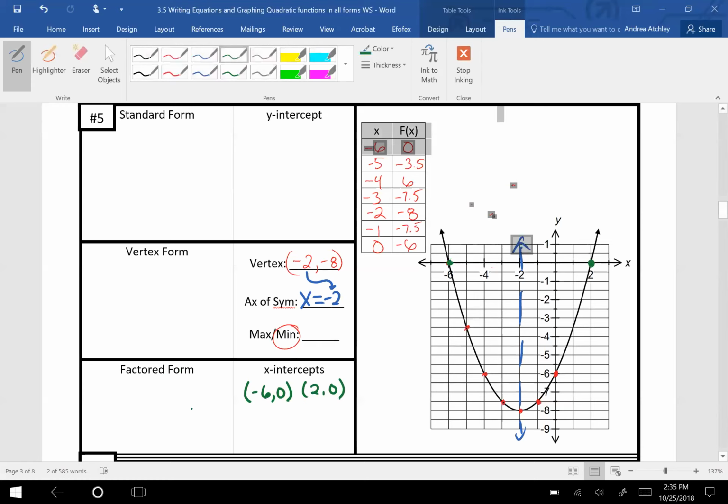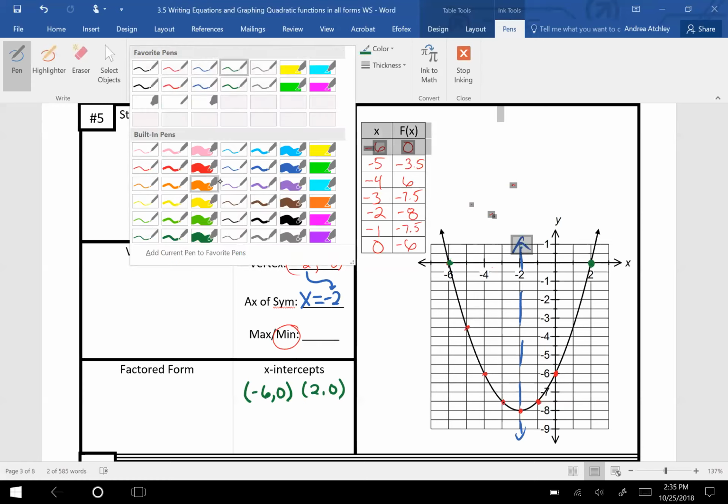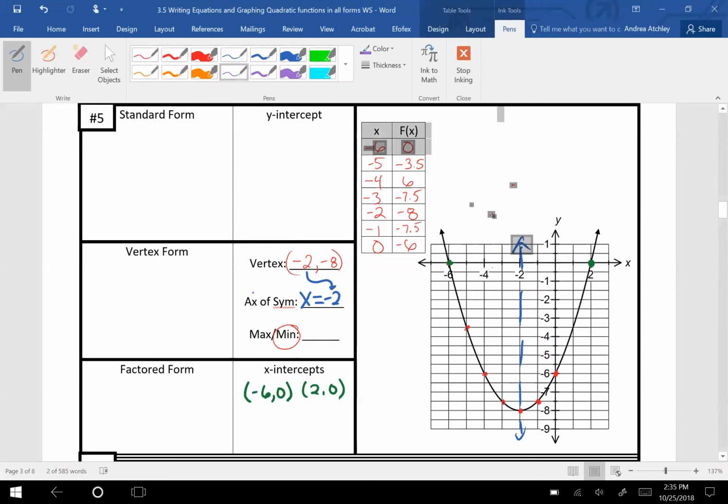Before we can get factored form, we really do need that a value. So we want to find that a value. So remember, a is how far I move over and then up. So I always go over 1, and how far up did I move? I moved up 1/2. So my a value is 1/2.